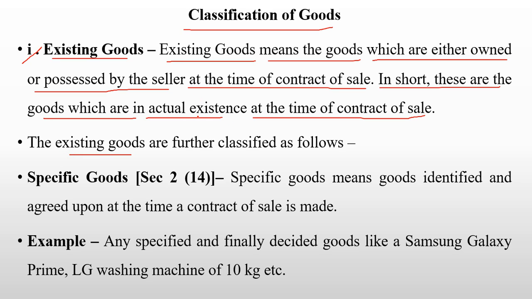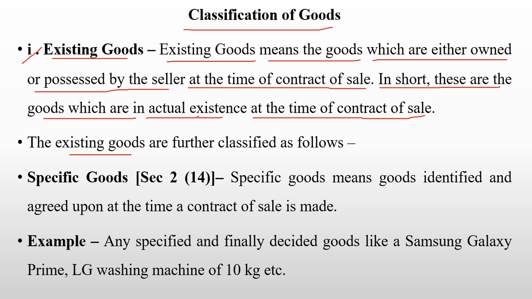Existing goods are those goods which actually exist at the time of contract of sale. For example, there is a buyer and a seller, two persons, and the contract happens between them.